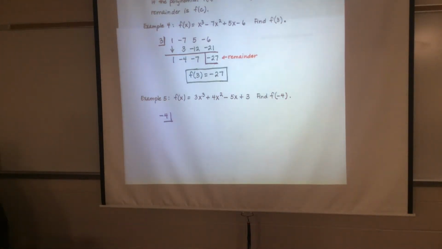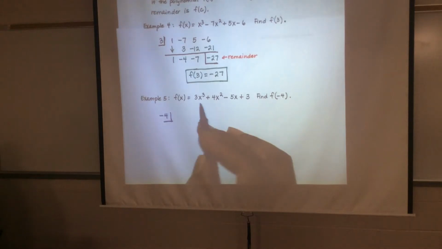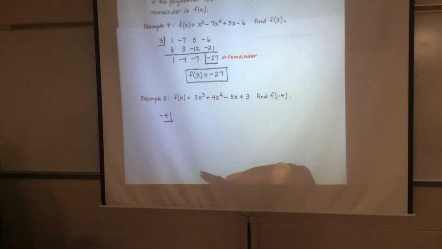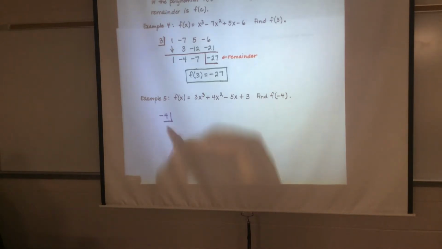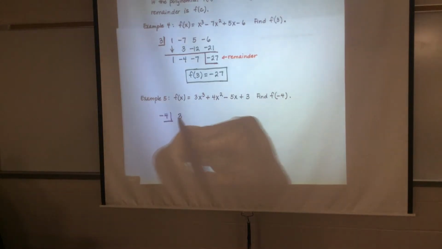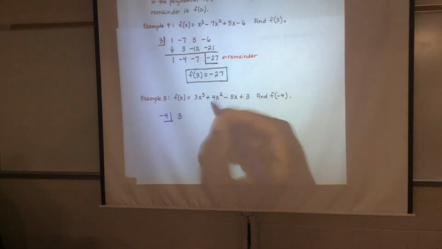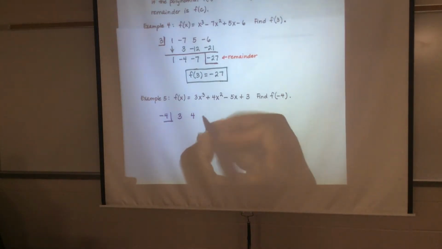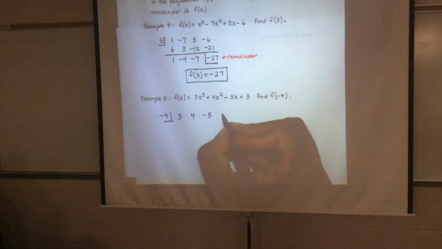Now, in this case, for f of x, there are no missing terms here. I do have x cubed, x squared, the x, and the constant term. So I can write their numerical coefficients here. For x cubed, that coefficient is 3. For x squared is 4. For the x, -5.